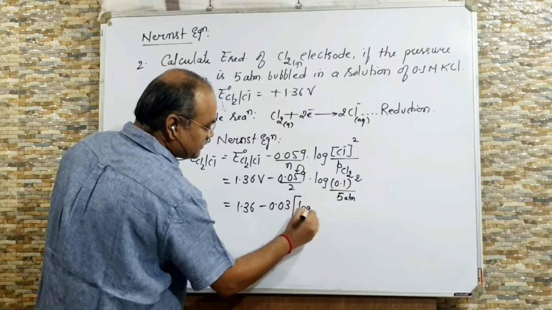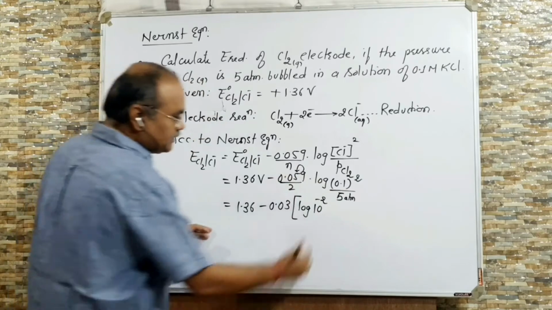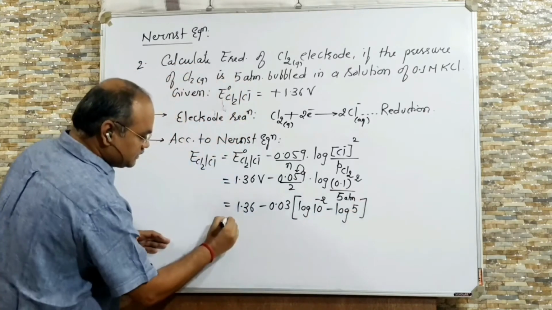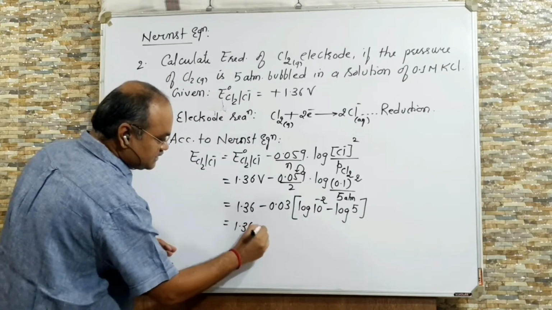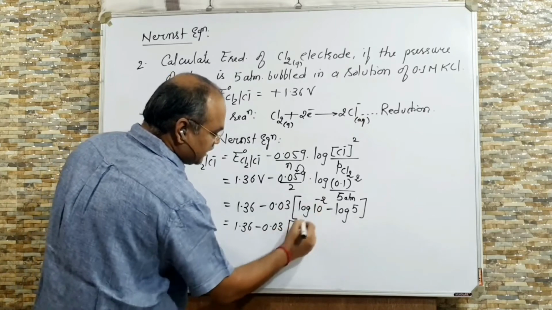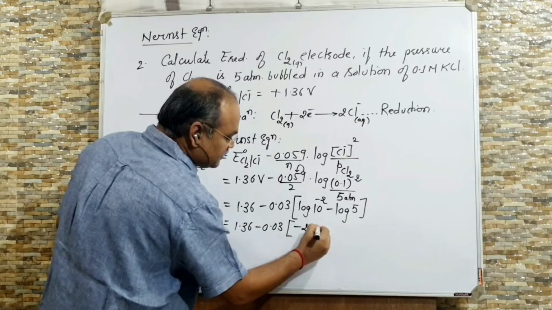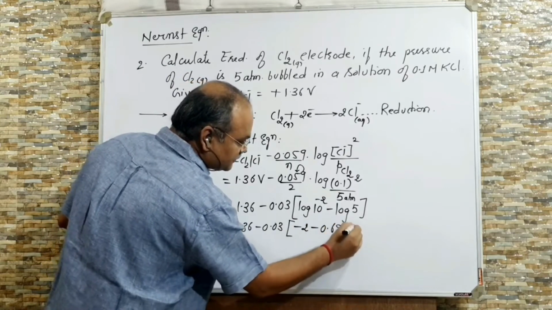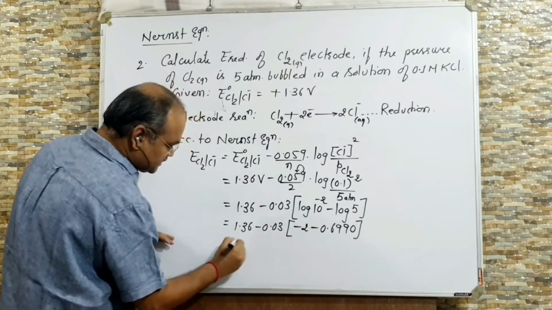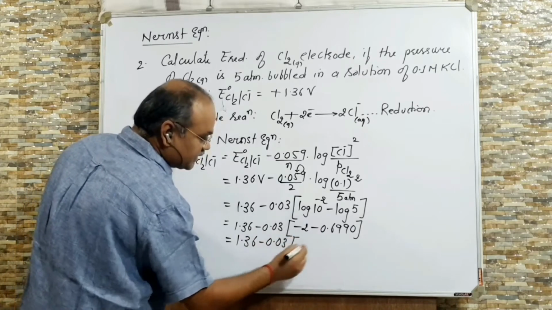Log of this is 0.1 whole square. Can I write this 10 raised to minus 2? And this will be minus log of 5. So your answer will be 1.36 minus 0.03 into bracket. You can take, this is minus 2 because log 10 is 1, and this will be minus 0.6990. Log of 5 is 0.6990. So your answer will be 1.36 minus 0.03 into bracket.